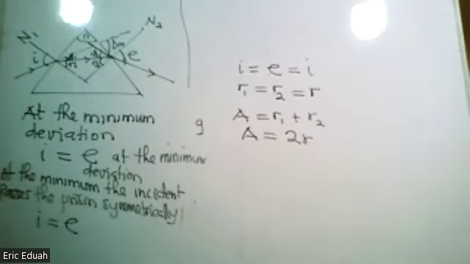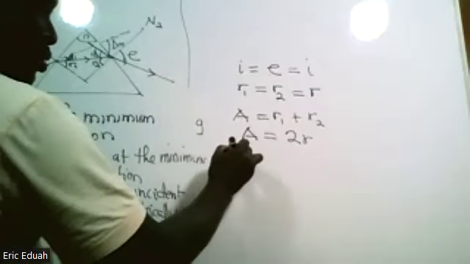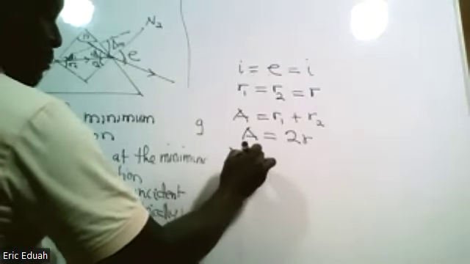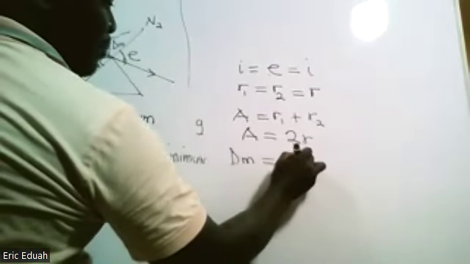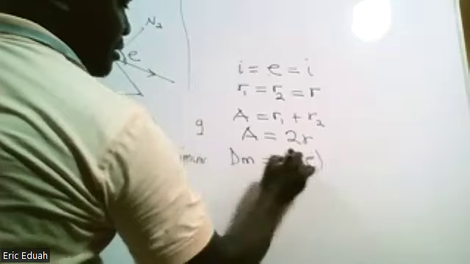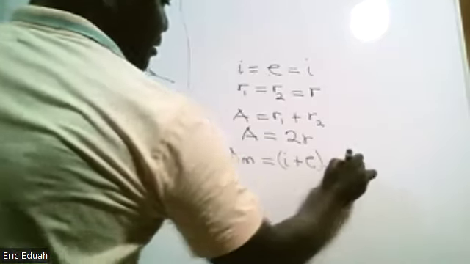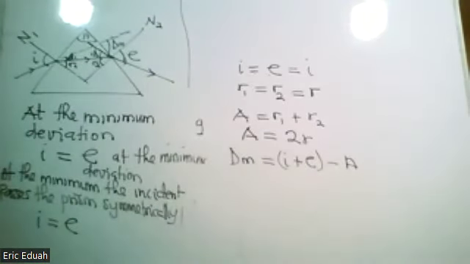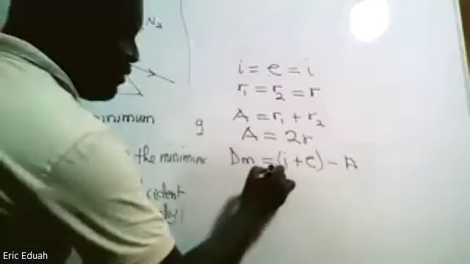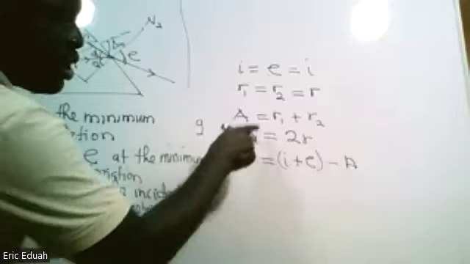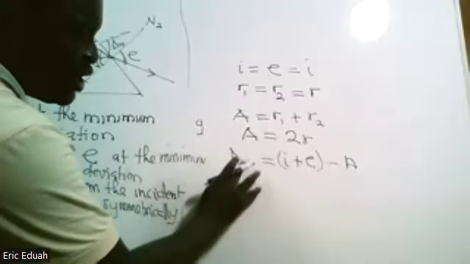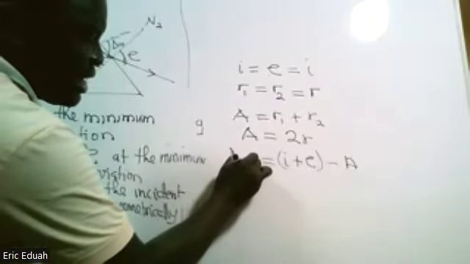The next thing is that the total deviation, dm, is given by I plus E minus A. It also means that at the minimum deviation, instead of total D, because we are at the minimum deviation, we write D minimum here.